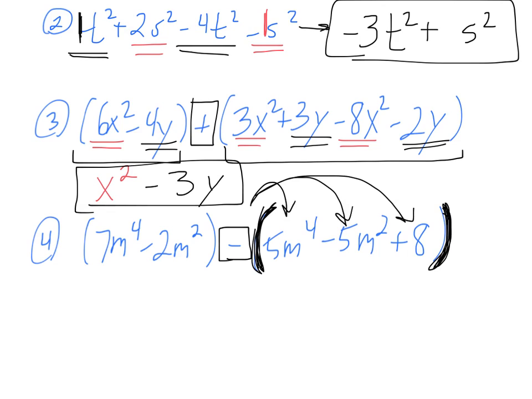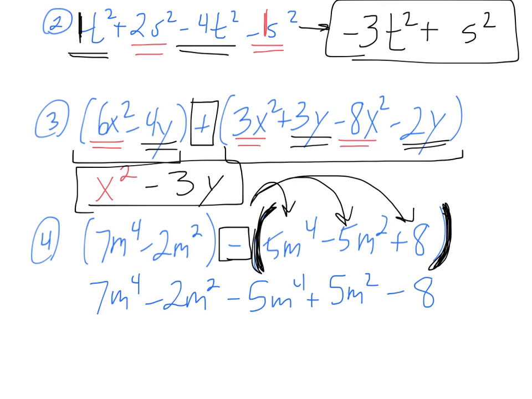So I'm going to rewrite the problem and take out the parentheses. Now instead of plus 5m to the 4th power, we have minus 5m to the fourth power. Minus times a minus 5 is plus 5m to the second power, minus 8. So notice all I did was change the signs of everything that was in here. That's what multiplying by -1 results in.